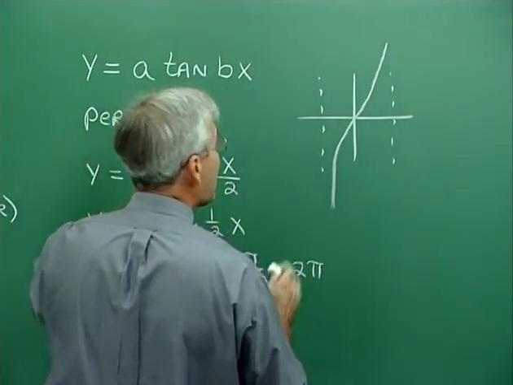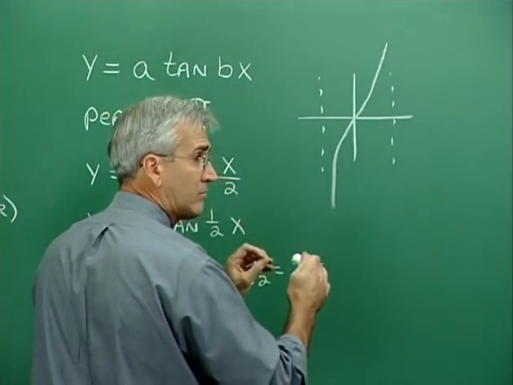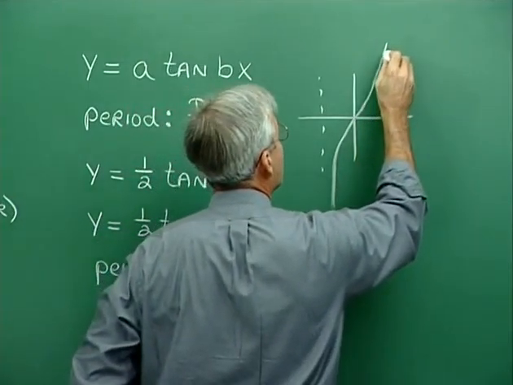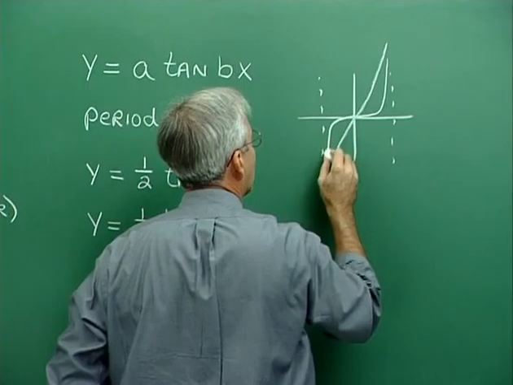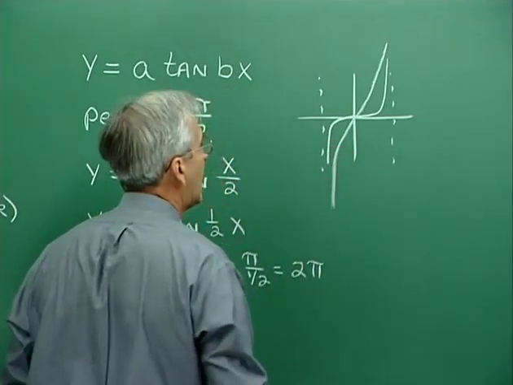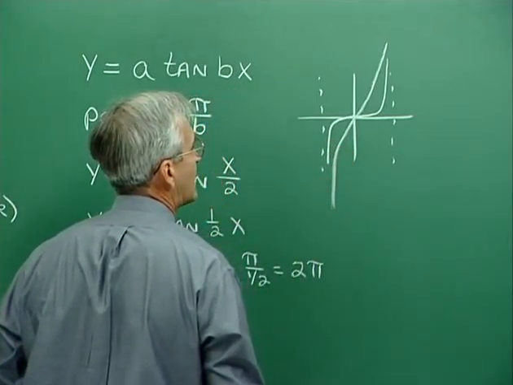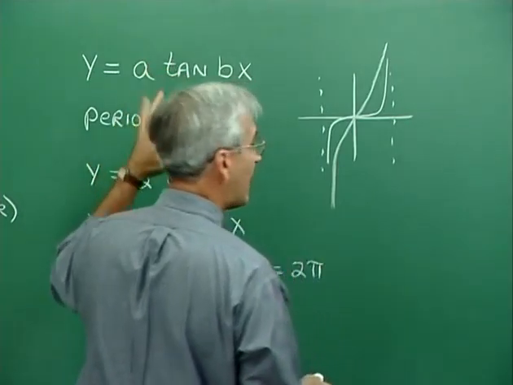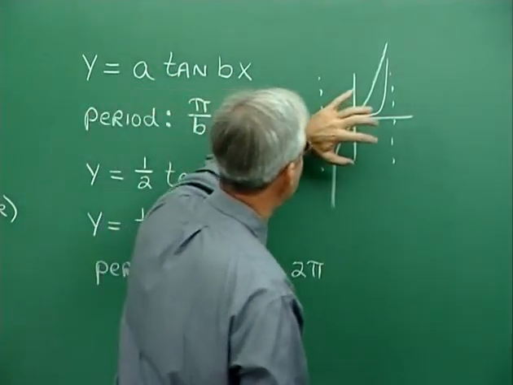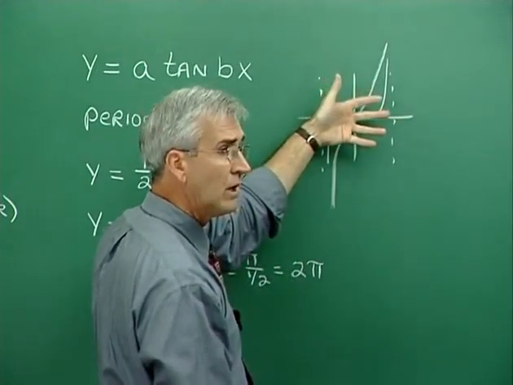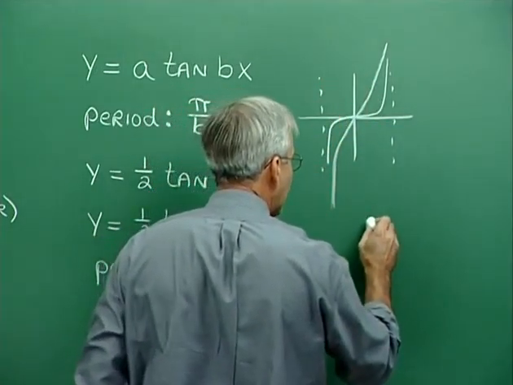Now, if a is between 0 and 1, like 0.2, then the graph will have more of a behavior like this. It'll come in and make a rather dramatic turn here at the origin. Okay, so that's the idea. Now, if a is negative, then it will tend to flip this graph over.